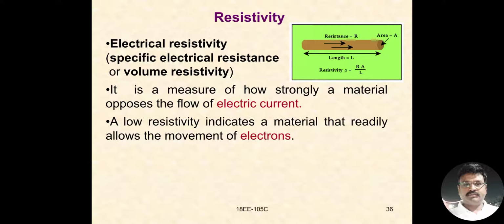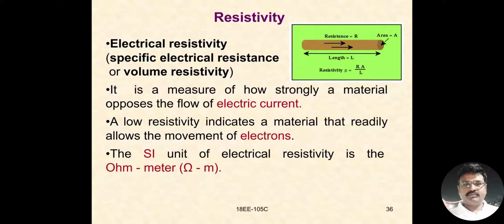A low resistivity indicates a material that readily allows the movement of electrons, meaning these are good conductors. The SI unit of electrical resistivity is ohm meter.